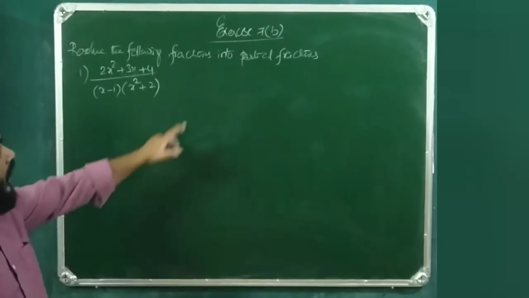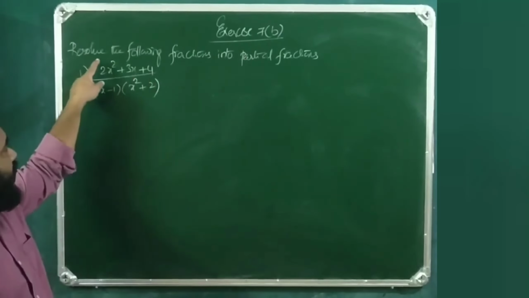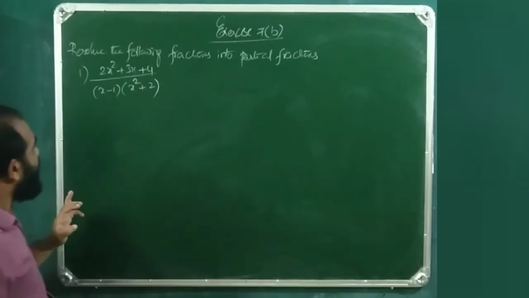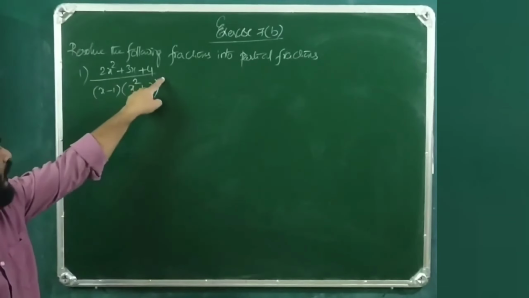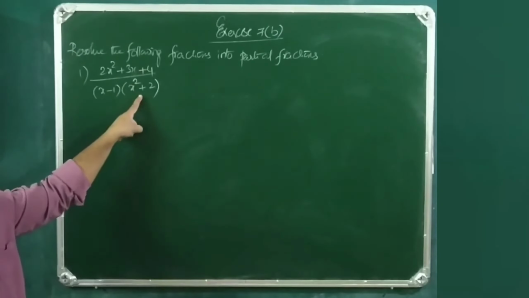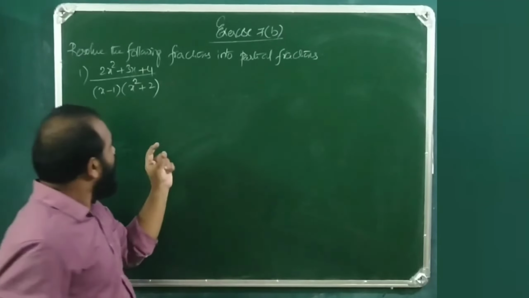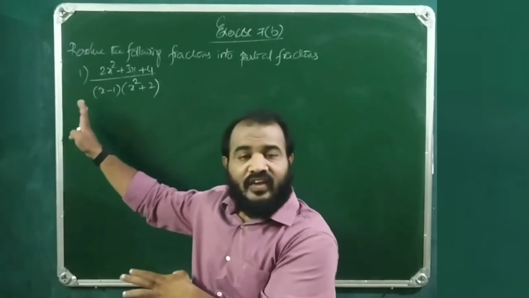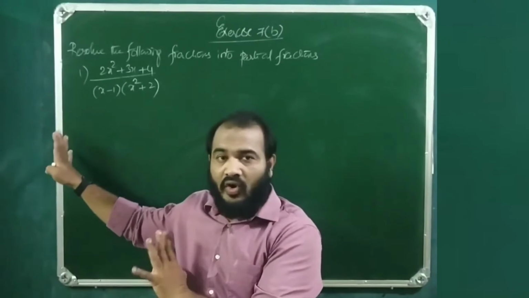Now, exercise 7b, first question. Resolve the following fractions into partial fractions: 2x square plus 3x plus 4 by x minus 1 into x square plus 2. Ask yourself whether this is a proper fraction or not.